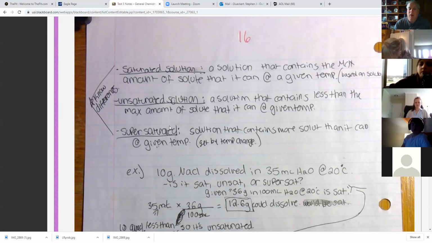Okay. And it's also possible to have what's known as a supersaturated solution, and those supersaturated solutions actually have more solute than it supposedly can at a given temperature. And that kind of comes about because of the fact that solubility is temperature dependent. So usually you'll change temperature to get a supersaturated solution.